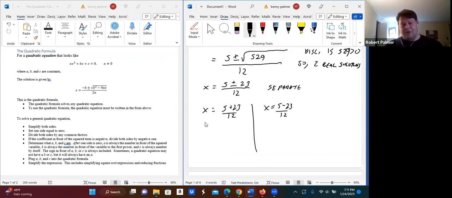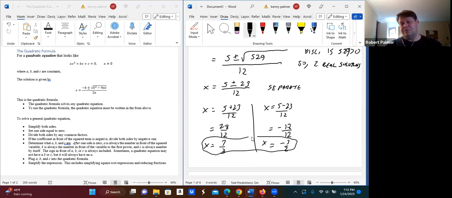Okay. Then, of course, just combine those. It's going to be 28 over 12, which we reduce. Divide both by 4, in fact, that's going to be 7/3. And over here, 5 minus 23 is going to be minus 18 over 12. And we can divide both those by 6. That's negative 3 halves. Okay, so those are our 2 solutions.